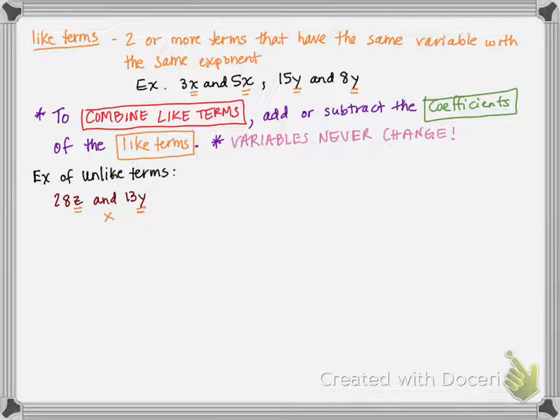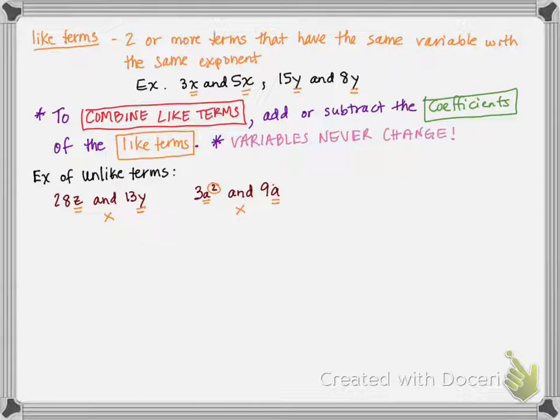How about 3a squared and 9a? Now, here's the problem. You might say, well, wait a second, they both have an a, but remember what the definition said? They have the same variable with the same exponent. So even though the a's match, it doesn't matter because one has an exponent of 2 and the other one doesn't have an exponent. So that doesn't work.